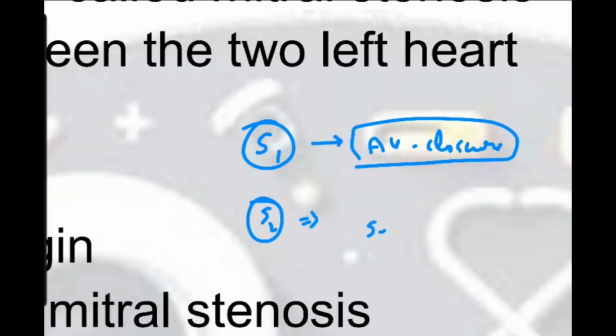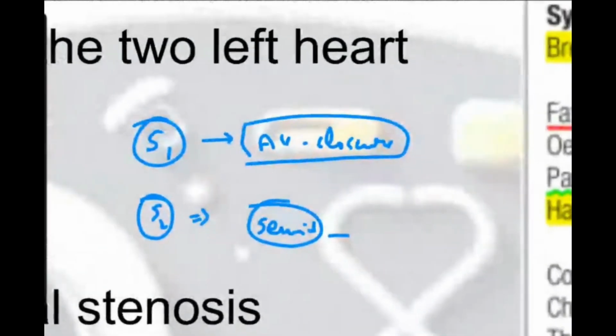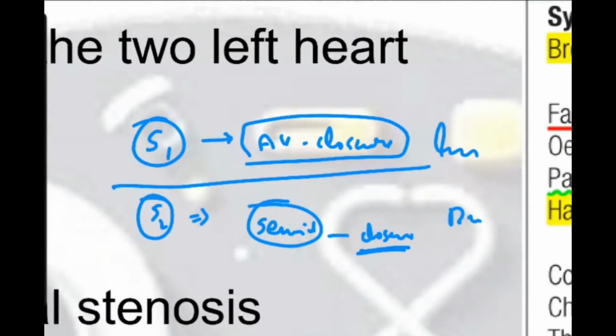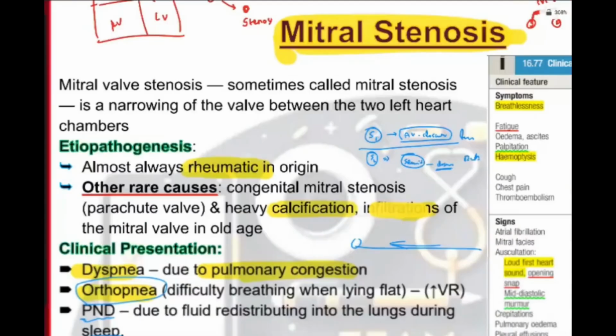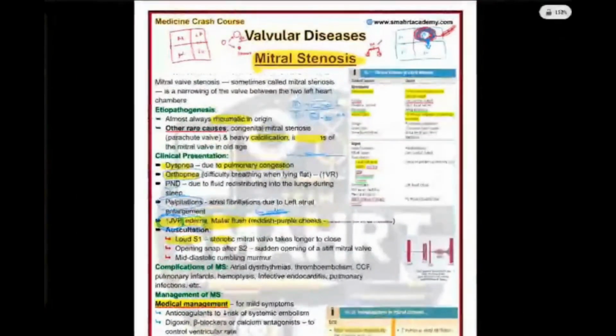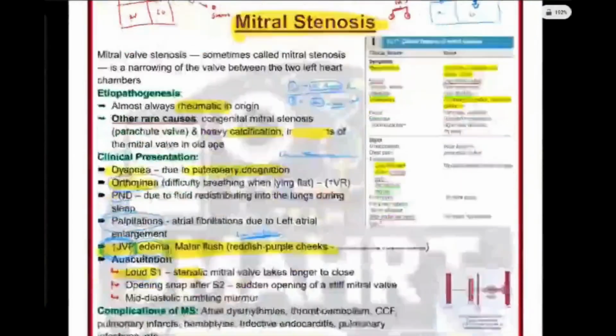So forceful closure of the semilunar valves will create the S2 sound. This is S1, lub, this is S2, dub. It's basics. Now, loud S1 because the mitral valve is an AV valve. Then there will be an opening snap, yes, opening snap will also be there.